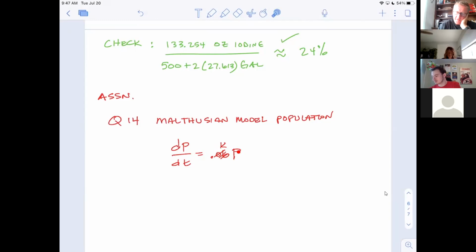Do you see that in this pithy little statement? Change of population proportionate to the population just means these two things are equal, well, they'd be equal if you multiplied one of them by a constant. That's what proportionate means. Or you could even think of it as dP/dt divided by P is some constant.